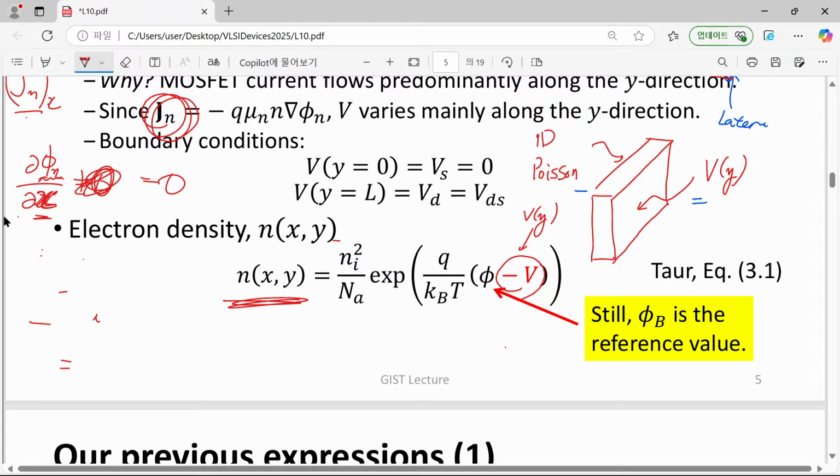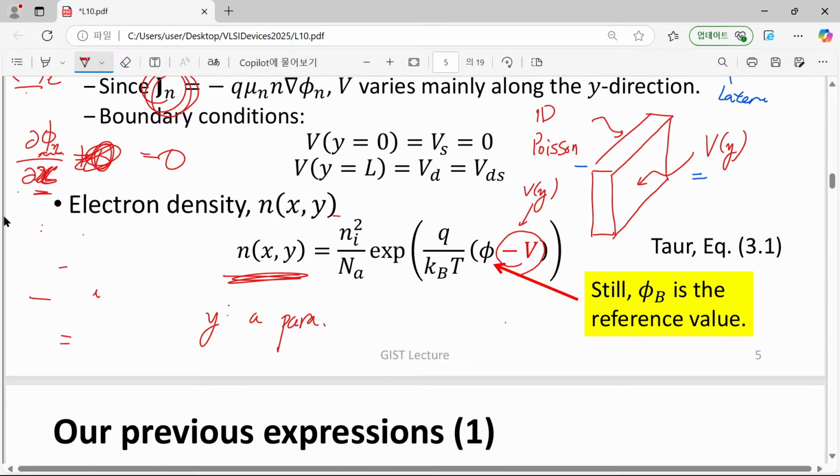But please note that in our treatment, y is not an independent variable. Y is just a parameter. So in order to specify a given cross section or slab at a given position y, we can solve this one-dimensional Poisson equation.